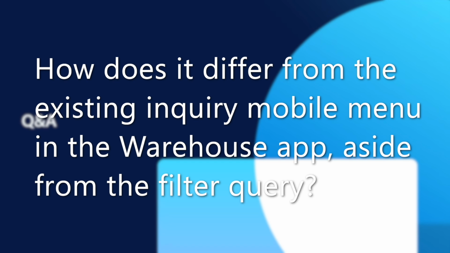The third question is, how does it differ from the existing inquiry mobile menu in the warehouse app, aside from the filter query? In a way, they both have similar functionality. On the warehouse mobile app, we do have item inquiry, where you scan for items and other product dimensions, and you will be able to see the inventory on hand by location, by physical dimension, and by status. This is pretty similar to that. However, the warehouse mobile app has a greater purpose in terms of doing all the inbound and outbound transactions.